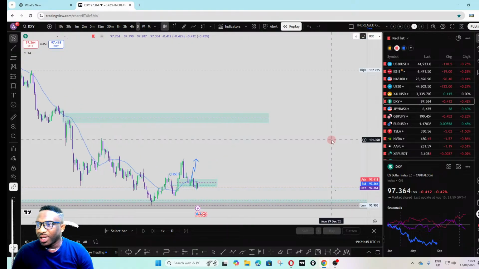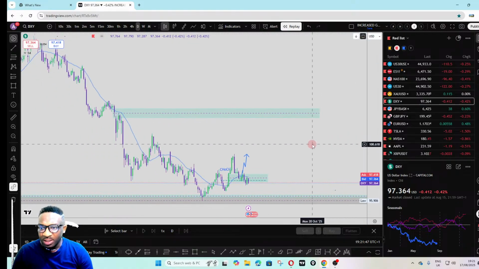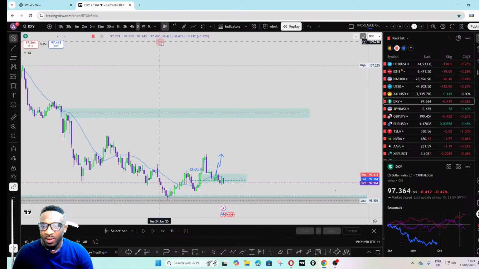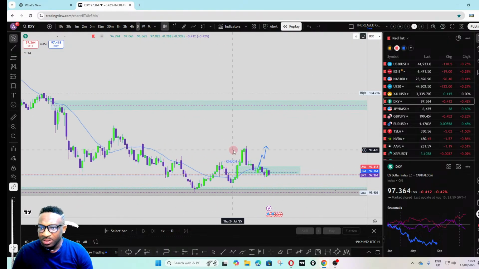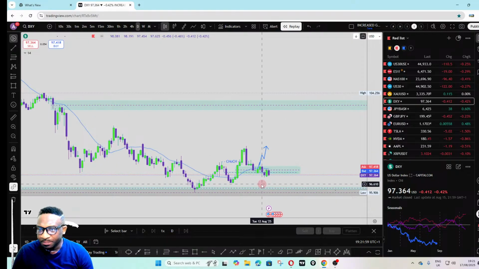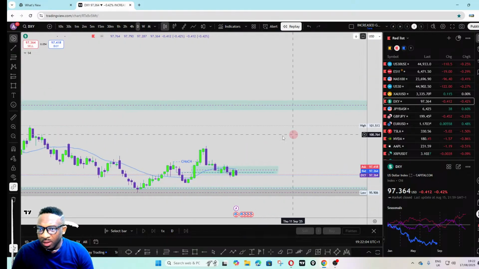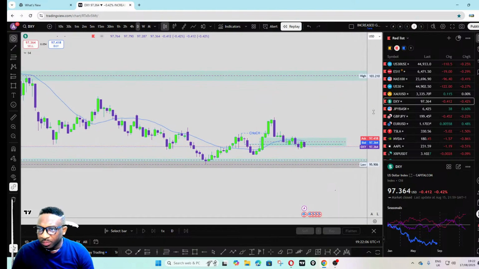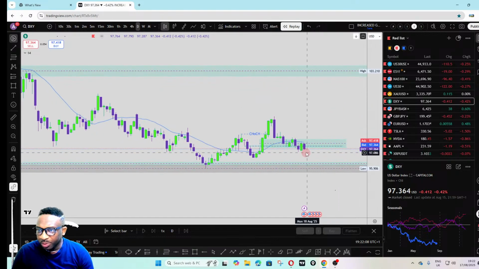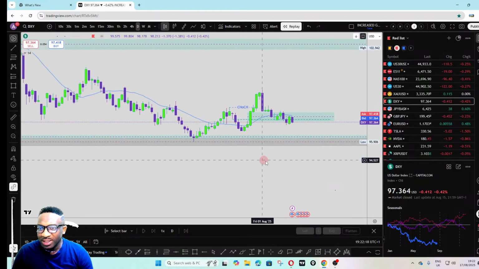Over here we have the DXY, the dollar index. On the dollar index, we are on the daily chart. Last week we had, let's take this off, this bullish engulfing here, where we also identified a break of structure on the daily time frame.